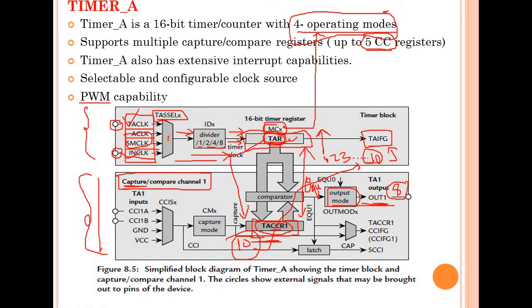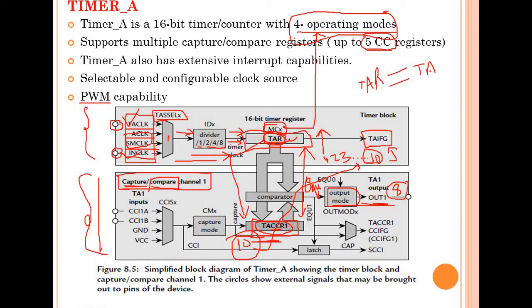And coming to compare mode, in compare mode, the current value present in the counter, that is TAR, is compared with the value present in TACCRx or TACCR1. It is called compare. Compare is different from capture.